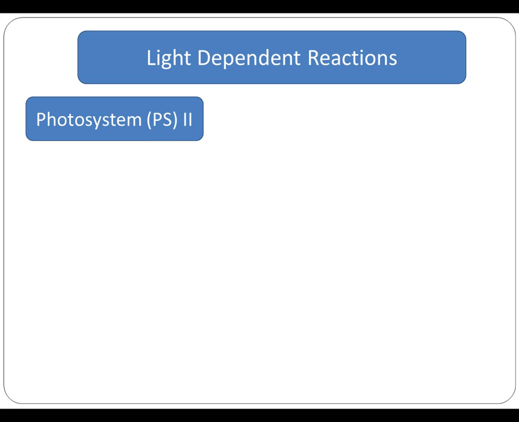However, these are numbered based on discovery, not on order of working, okay? So which occurs first? Photosystem 2 reactions occur before the photosystem 1 reactions. Again, it's not there to mess you up. Photosystem 1 was just discovered first. And so they just went in line. Well, then that's 1, this is 2, when it was discovered.